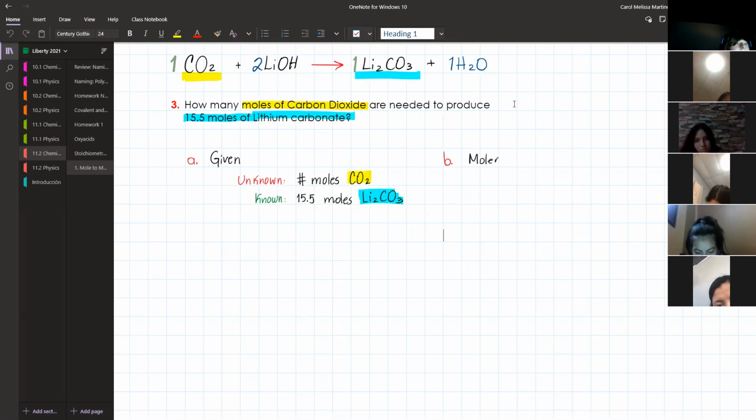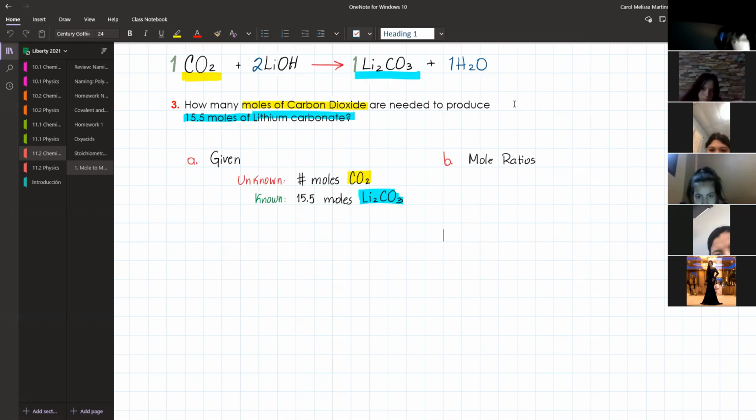Now, what is the mole ratio between the two substances? Remember that you need to write the coefficients, okay?